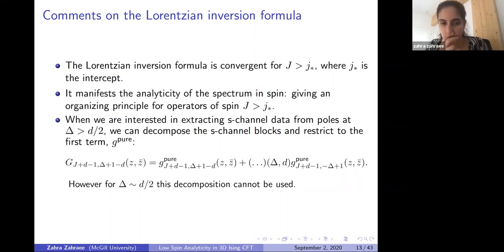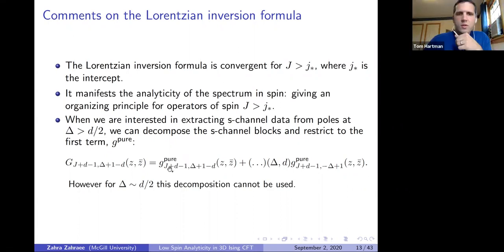So if you want to extract delta bigger than d/2, G pure is enough. You're not throwing out anything. But once you want to go to delta, for example, smaller than d/2, then you need to keep this term. So it's actually exact for delta greater than d/2 to throw that out. Yeah. Okay, thanks.